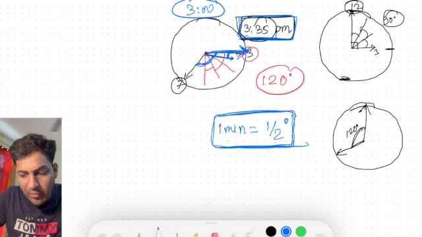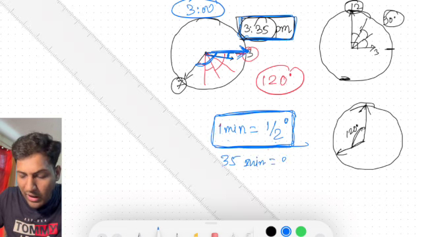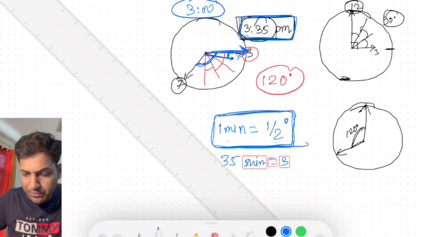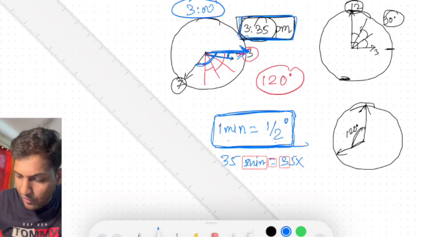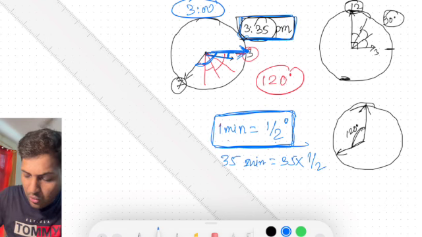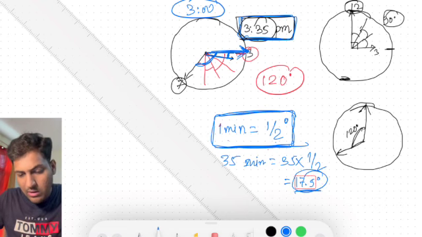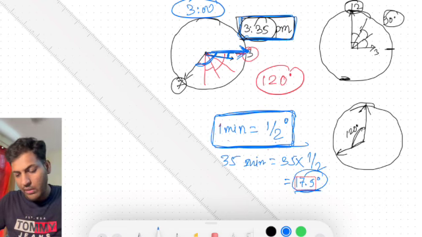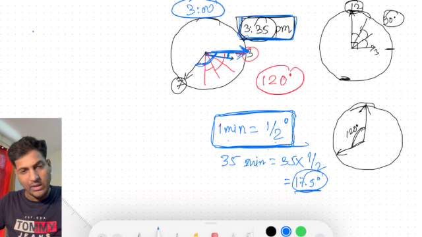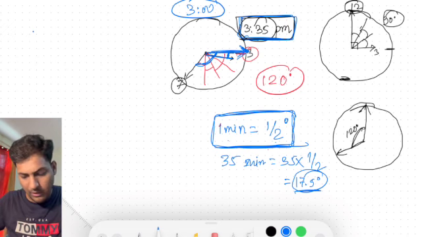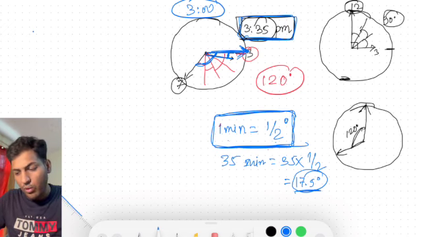In 35 minutes, it is a very simple unitary method: 35 into half equals 17.5 degrees. That means the hour hand has moved 17.5 degrees.